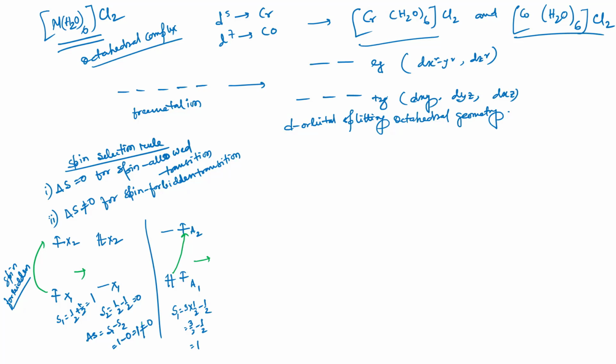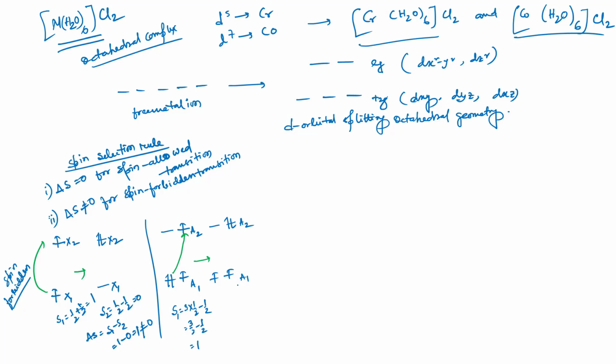Now A1 has a single electron in each orbital, and A2 has a pair of electrons in one of the orbitals.